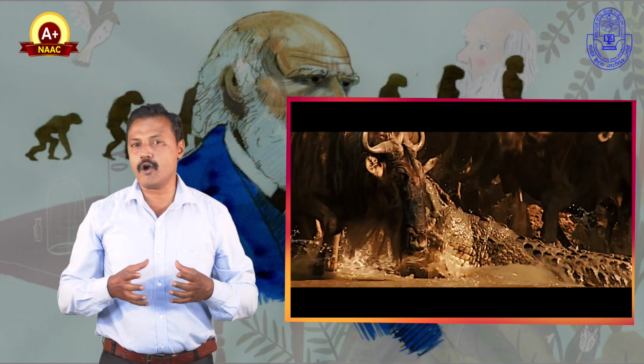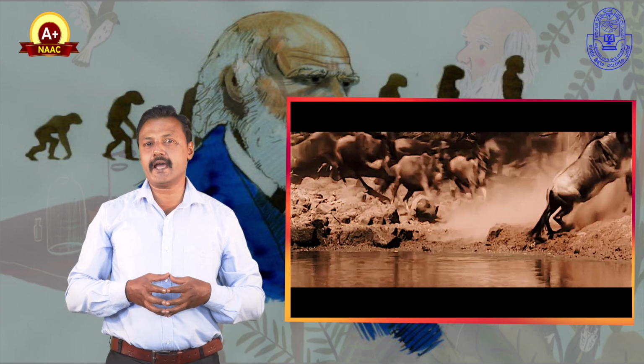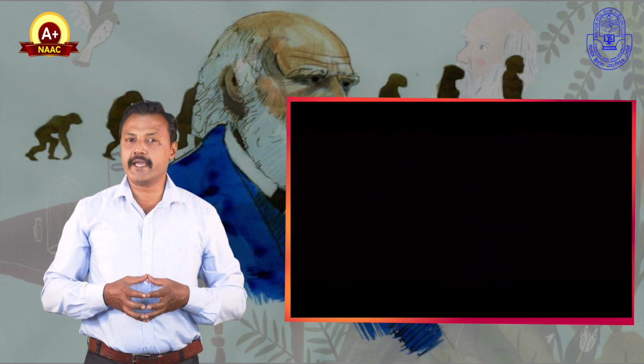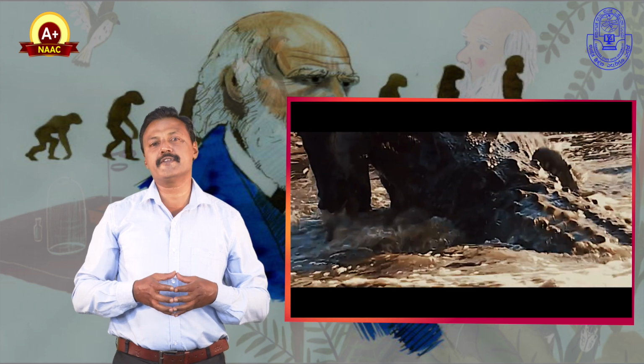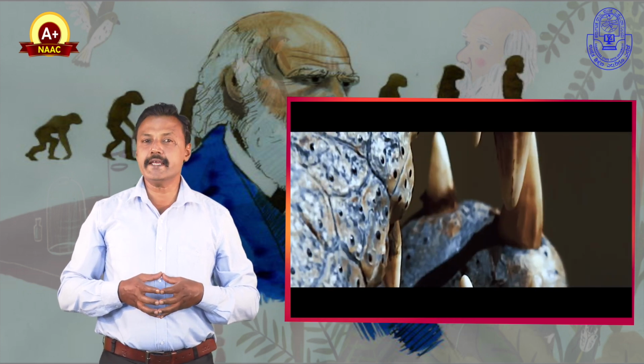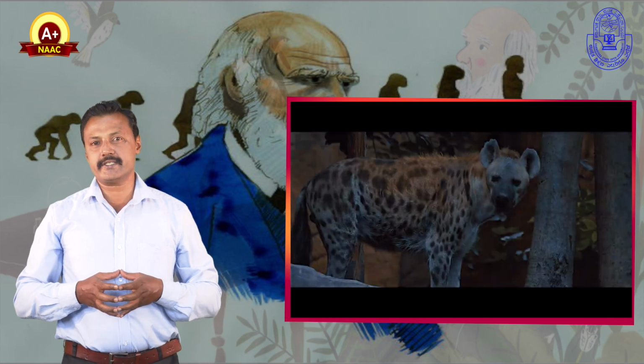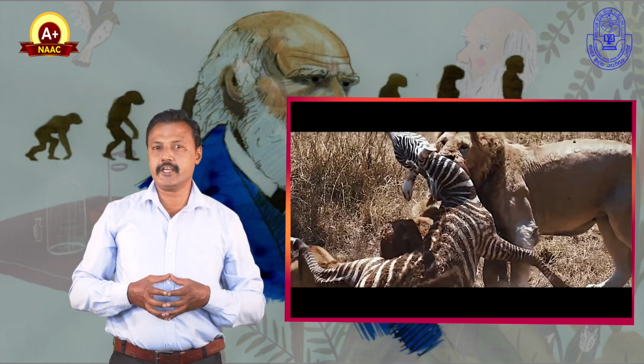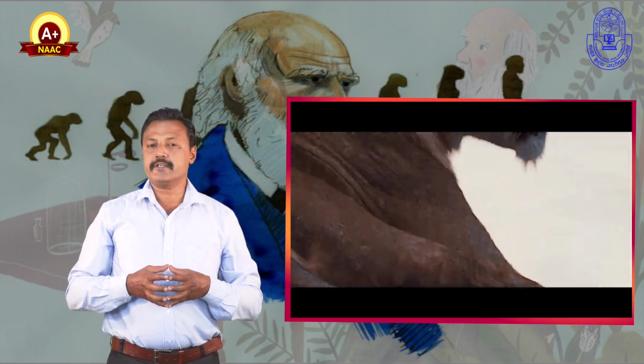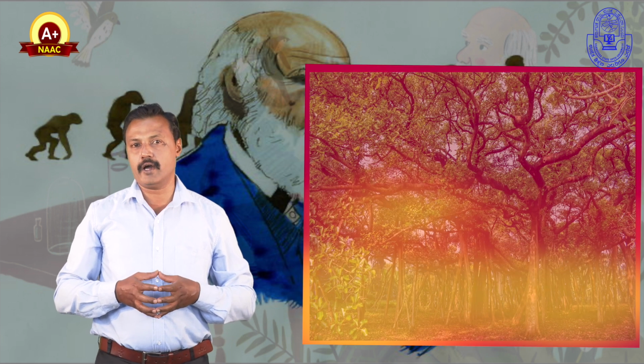Intraspecific competition is a struggle that occurs between the same type of organisms, whereas interspecific competition is a struggle that occurs between different kinds of organisms, whereas environmental struggle is where organisms come across the physical environment.